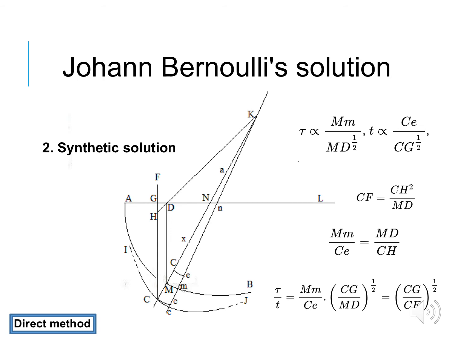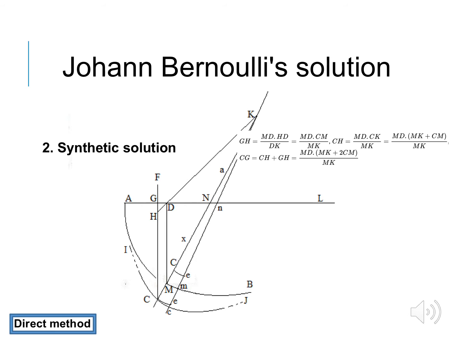Since MN equals NK for the cycloid, then GH equals MD times HD divided by DK, which equals MD times CM divided by MK, while CH equals MD times CK divided by MK, which equals MD times (MK plus CM) divided by MK, and CG equals CH plus GH, which equals MD times (MK plus 2CM) divided by MK.